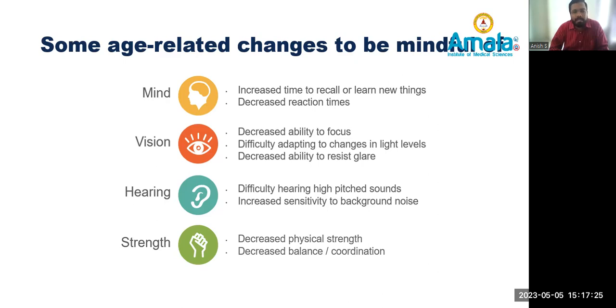They will have decreased ability to focus, difficulty adapting to changes in light levels, decreased ability to resist glare. There will be problems with hearing, difficulty hearing high-pitched sounds, increased sensitivity to background noise. So what often happens is when you find that your older person sitting in front of you has some problem hearing, you tend to shout. Don't shout. Shouting doesn't help.